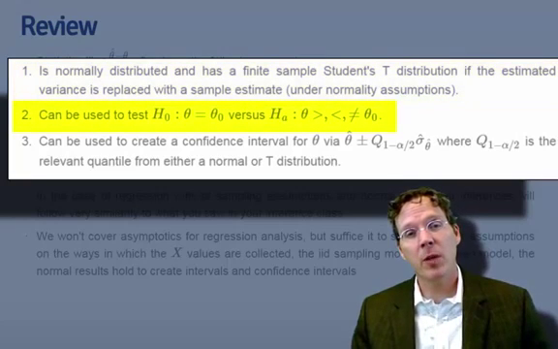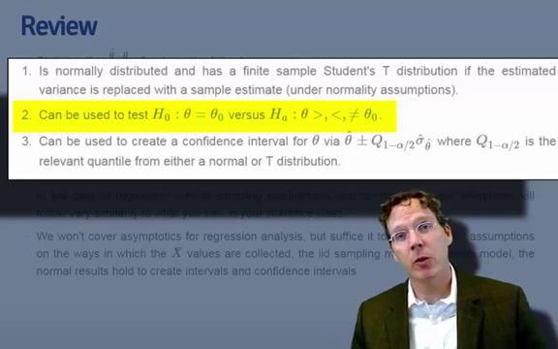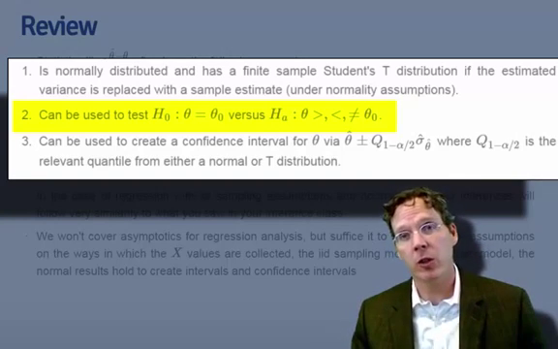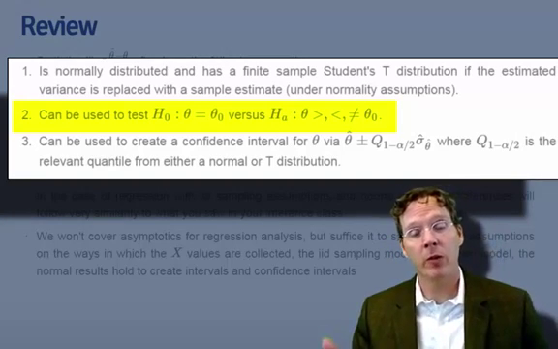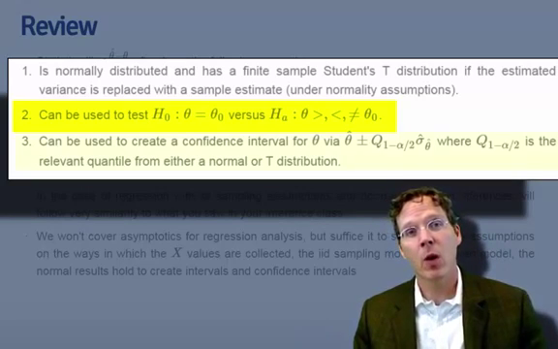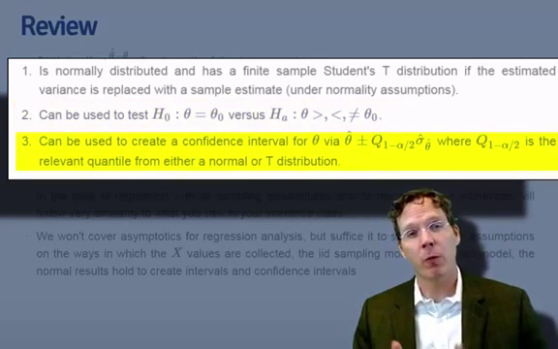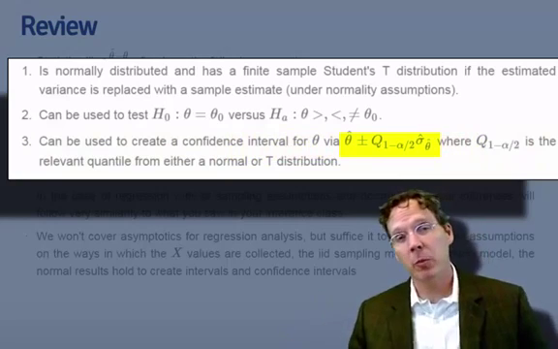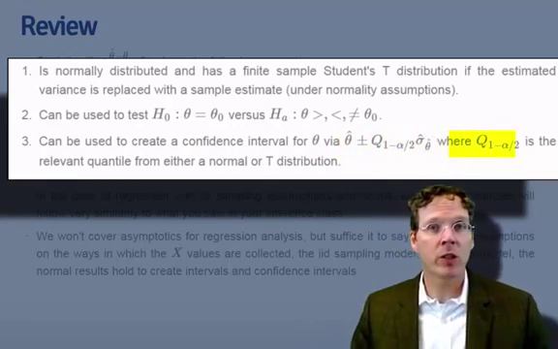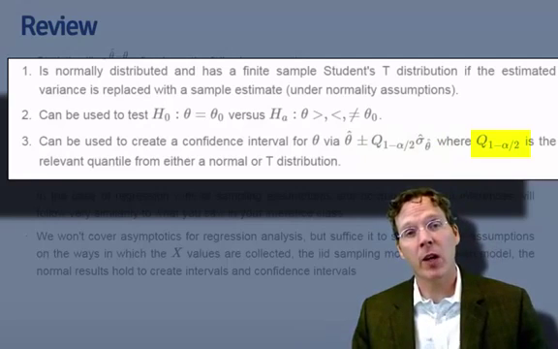This statistic can be used to create hypothesis tests of theta being a particular null value versus one of the logical alternatives of it being less than or greater than or not equal to this null value. Or we can create confidence intervals of the form estimate plus or minus a relevant quantile times the standard error, where Q is the relevant quantile, and we always take the 1 minus alpha over 2 quantile.